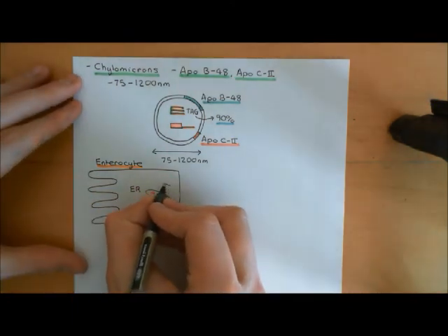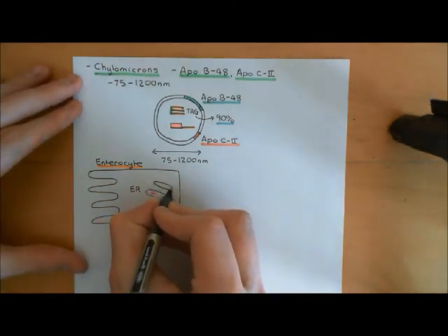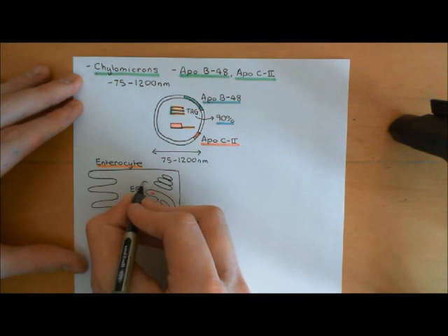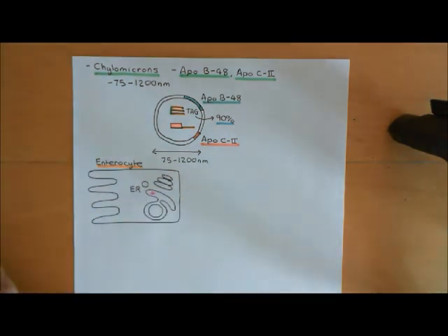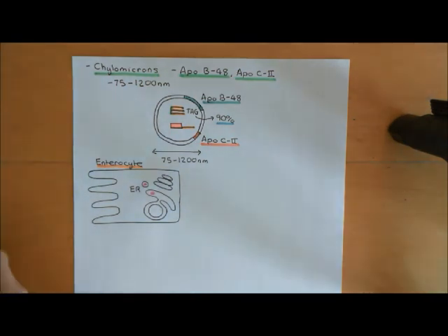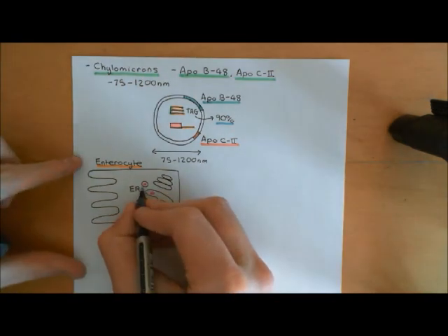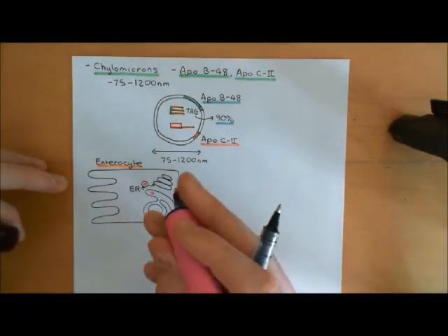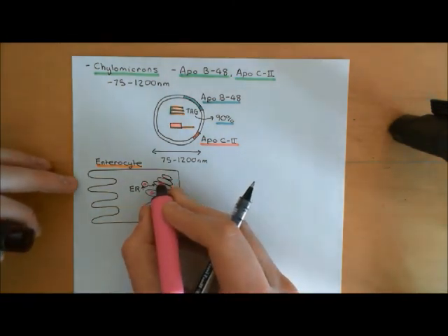Then what's going to happen is this is just going to be secreted in the classical way that things are secreted. So if I add in the Golgi here, you're going to pinch off a little vesicle from the ER here, which will contain the chylomicron there in purple, and then this little vesicle is going to go to the Golgi. So the chylomicron will now end up inside the Golgi.